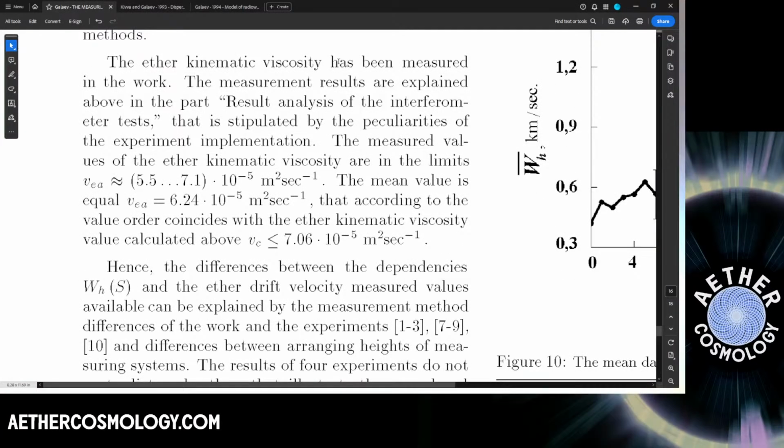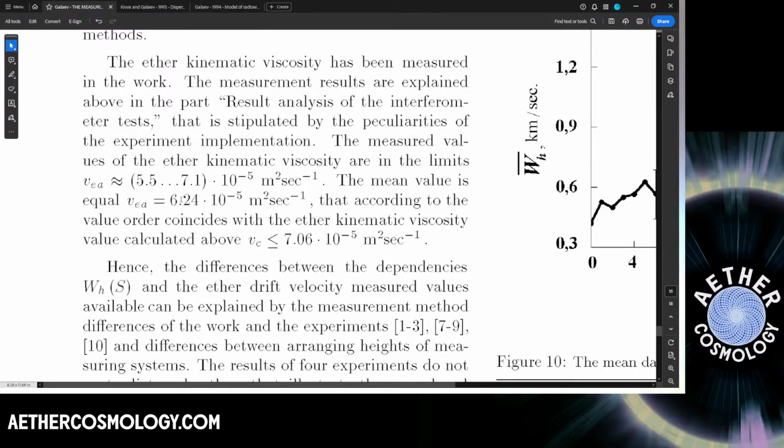The ether kinematic viscosity has been measured in the work. The measurement results are explained above in the part result analysis of the interferometer tests. That is stipulated by the peculiarities of the experiment implementation. The measured values of the ether kinematic viscosity are in the limits ν_EA approximately 5.5 up to 7.1 times 10 to the negative 5 meters squared per second.